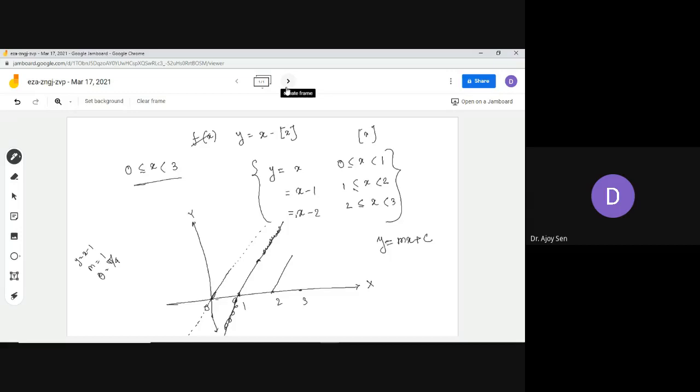In this way you will be able to visualize or draw those graphs. If you can't draw the graphs, you won't be able to understand continuity or the points of discontinuity. So you need to understand this.